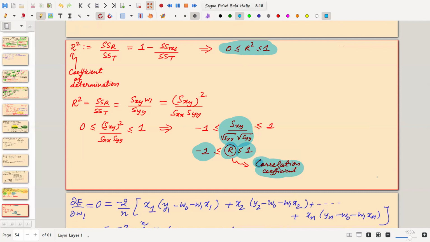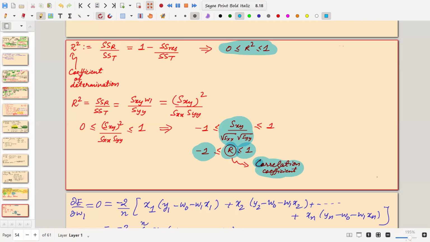So you agree, right? Now you know how the correlation coefficient comes, how we derived it just with the data set xi, yi, and how we derived the coefficient of determination R2, which lies between 0 and 1, whereas R, the correlation coefficient, lies between -1 and 1. Why do we call it a correlation coefficient?